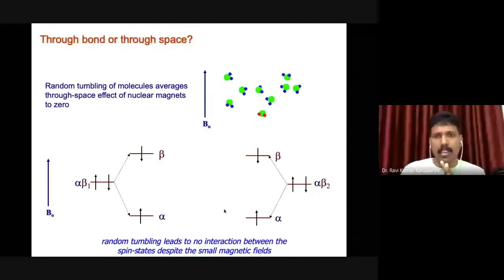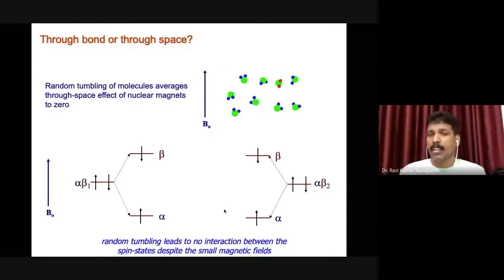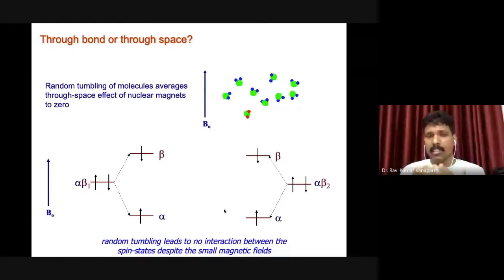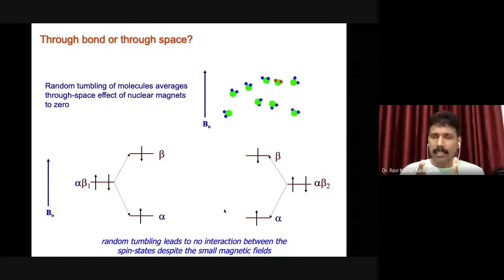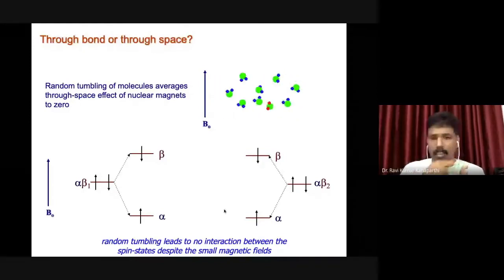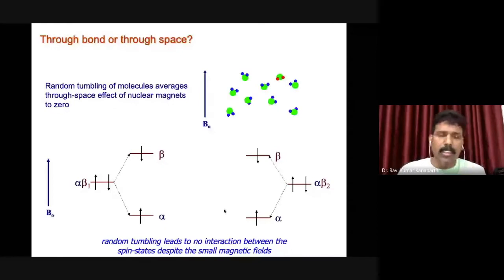Therefore, it doesn't get enough time to interact with the neighboring spin nuclei, and naturally we don't expect coupling. But still, you are seeing spin-spin coupling and the fine structure in reality, which clearly indicates that it is not through space, but rather through bond. You must remember that.